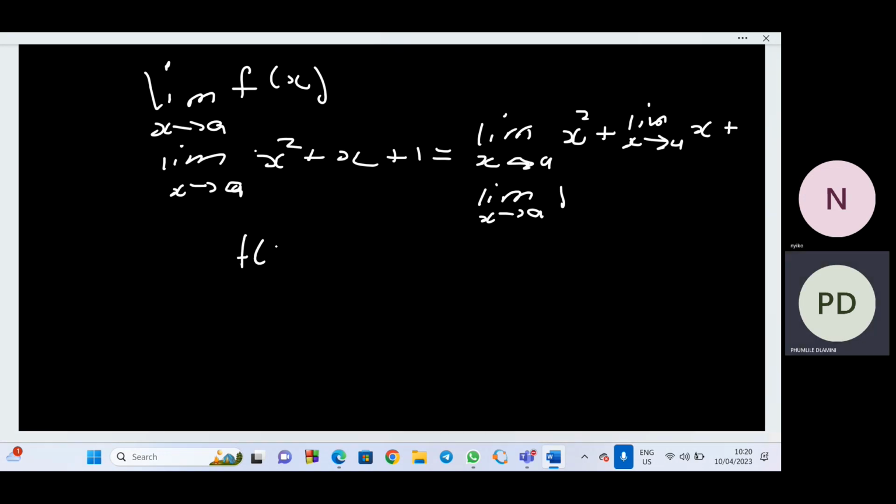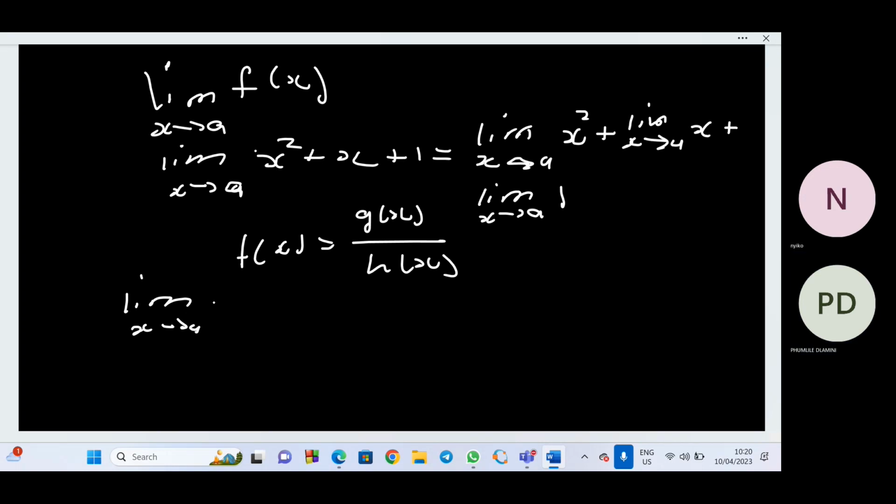We have f of x equals g of x over h of x, and we are finding the limit as x approaches a of f of x.